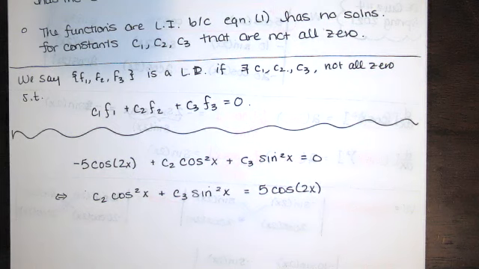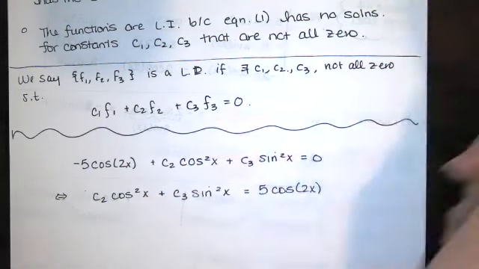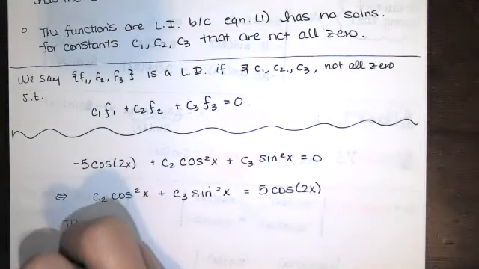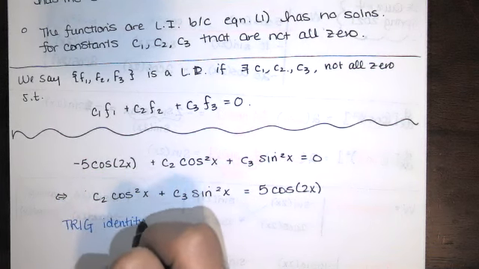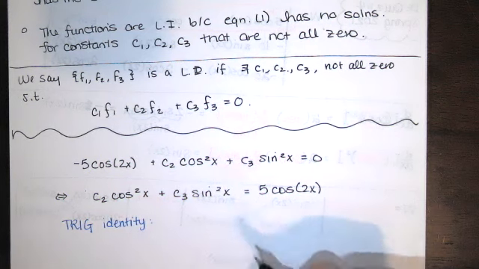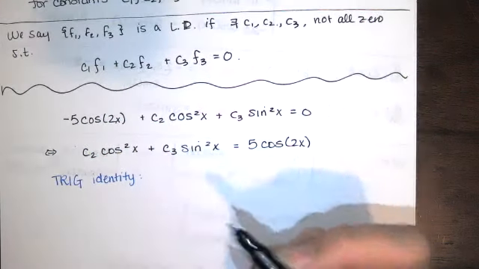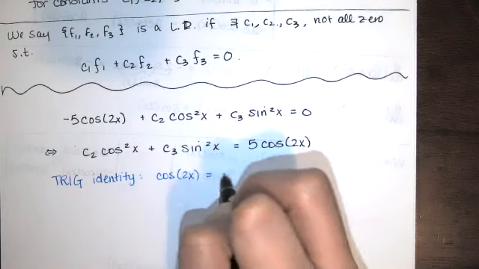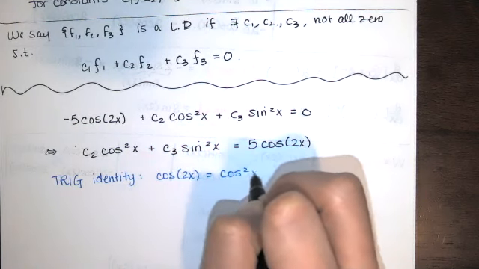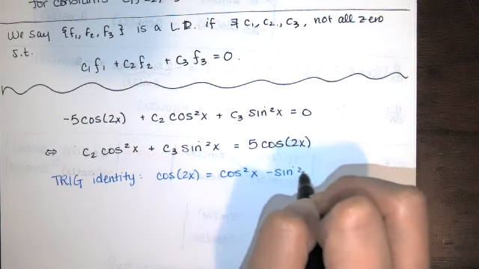And there is a trig identity that says the following. Well, actually, there are a number of them. Cosine of 2x turns out to be equal to cosine squared x minus sine squared x.